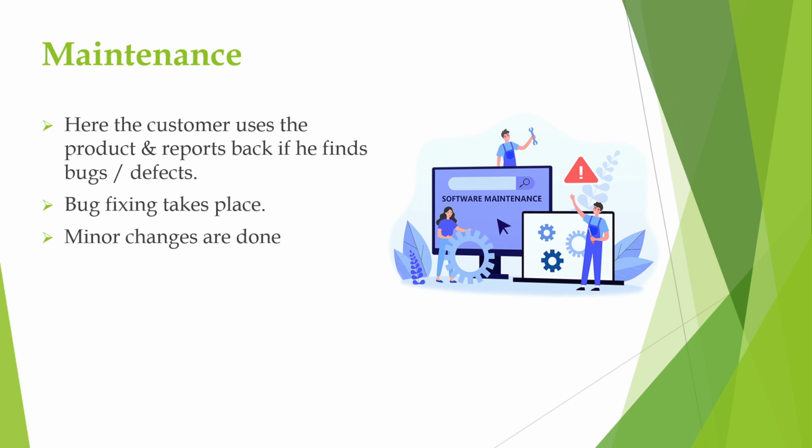The development team will immediately fix those defects. In this stage, bug fixing or defect fixing takes place. In this stage, minor changes like addition, deletion, or modification of small features in the software can be done. This entire process is called the waterfall model.